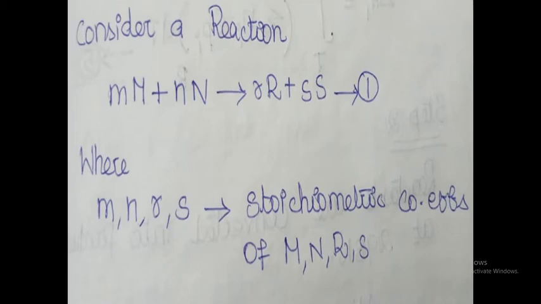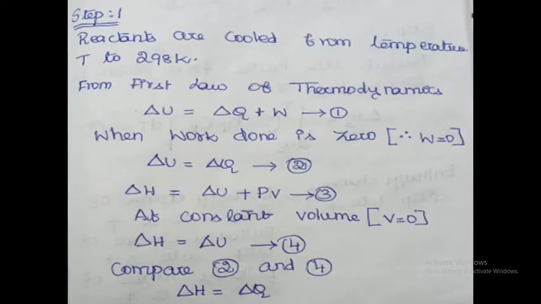Capital M and N are the reactants. Capital R and S are the products. Refer to the diagram. Step number 1: reactants are cooled from temperature T to 298 Kelvin.